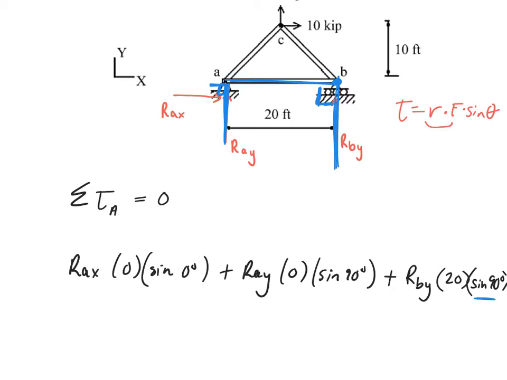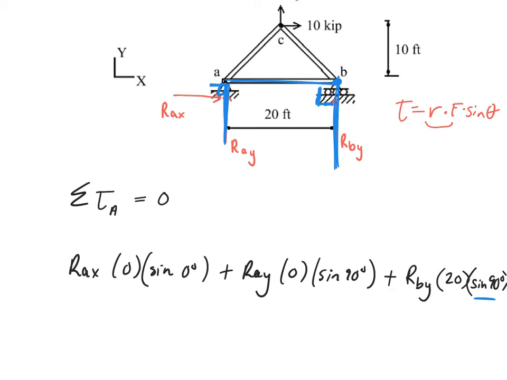Because again, the vector R is from here to here. The force vector is also in this direction. So these are collinear. These lines are on top of each other. The angle between them is 0 degrees. So if I had an RBX this way, it would also cause 0 torque because it doesn't cause the bridge to rotate.